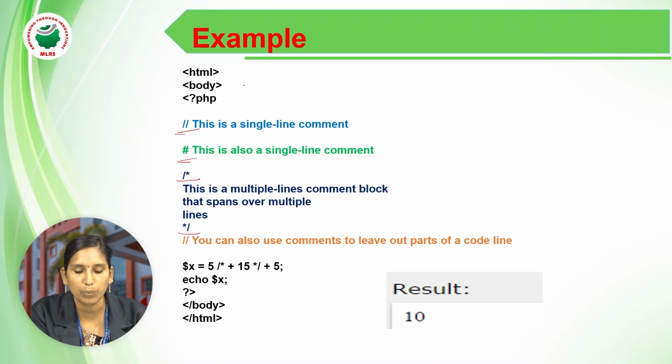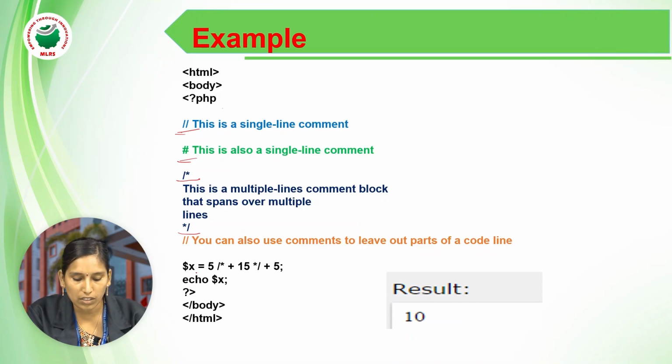Let us see that example. HTML. First open the HTML, then open the body, and angle bracket, question mark, php, open PHP. In that, you can write a single line comment or multiple line comments. Then $x equals 5 plus 15 plus 5.